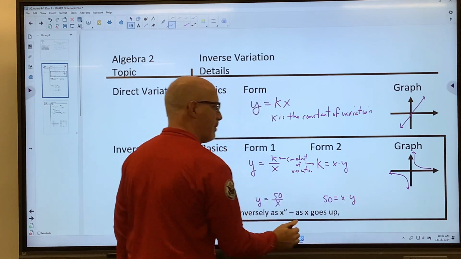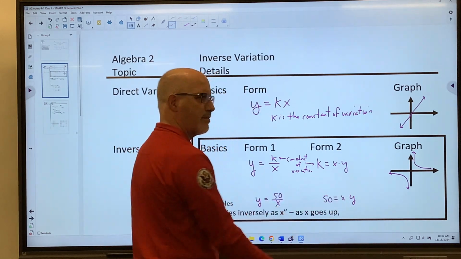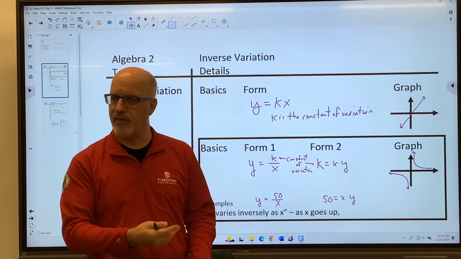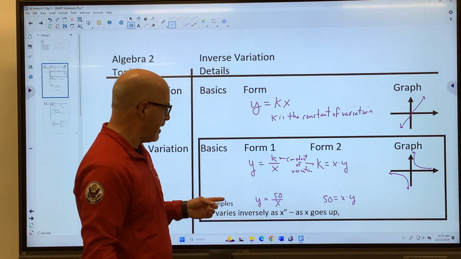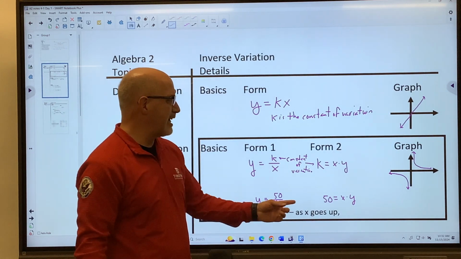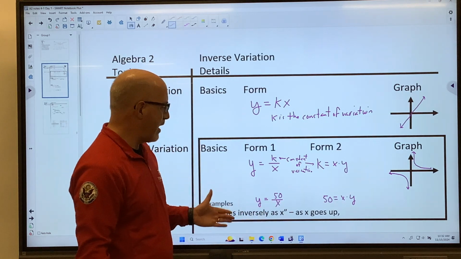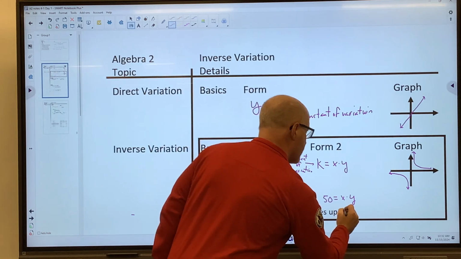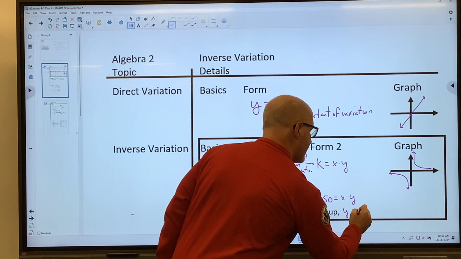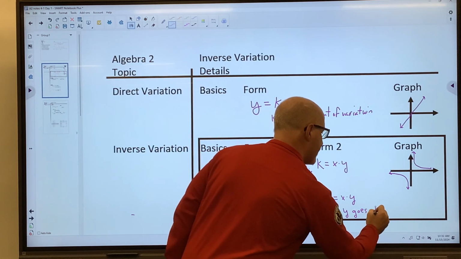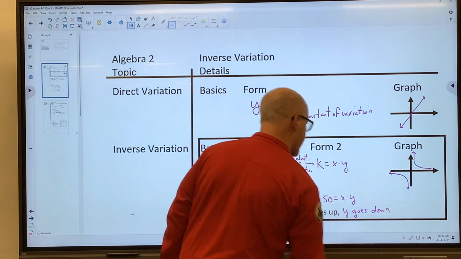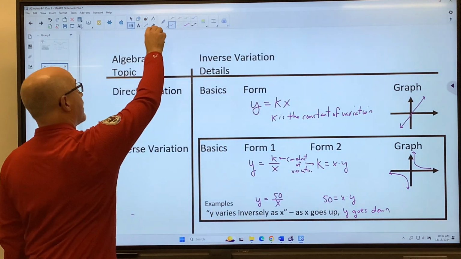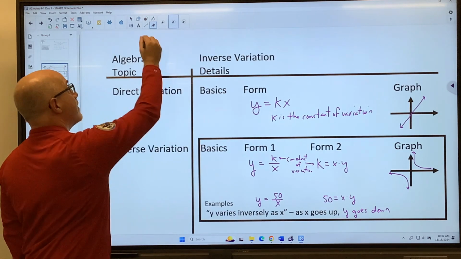So an example might be if x is 2, y would have to be 25. So 2 times 25 would give you that constant of 50. Okay, so what we say, because it's an inverse variation, y varies inversely as x. As x goes up, y goes down. Okay, so that's kind of the idea that you have to get from looking at these.